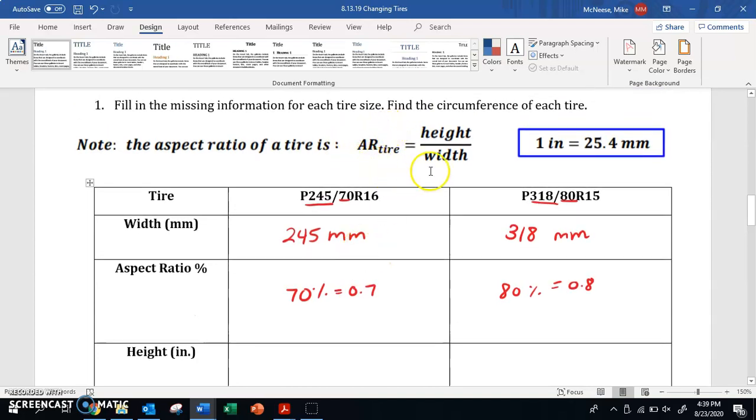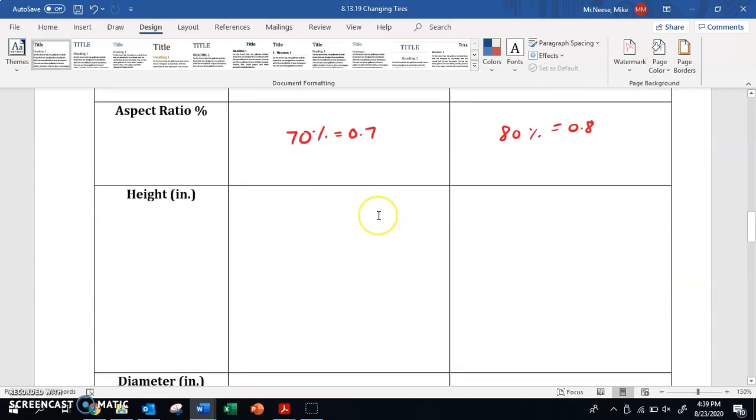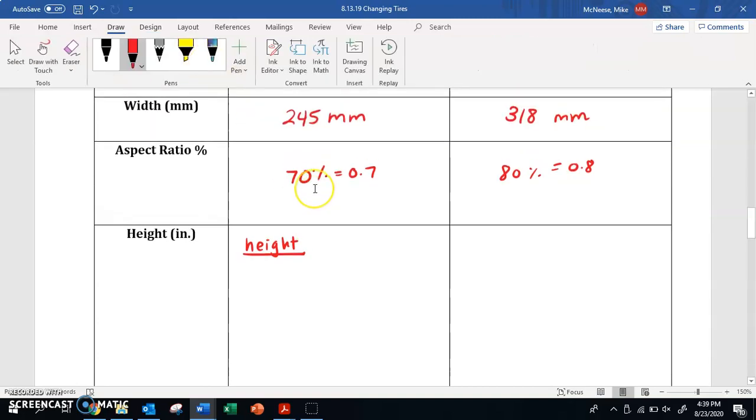So we can use this formula: aspect ratio is equal to height divided by width. Height divided by 245 should equal 0.7.